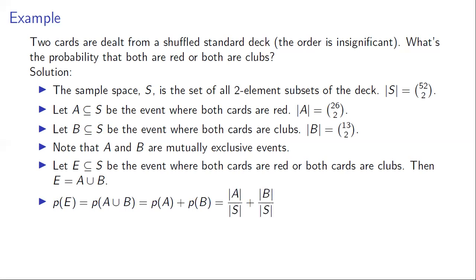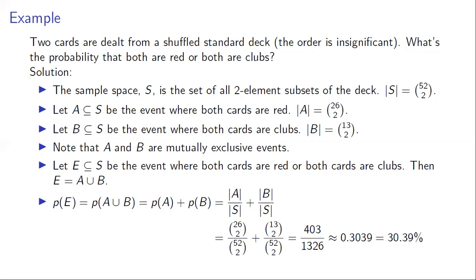The probability of A is the cardinality of A divided by the cardinality of S, and the probability of B is similar, the cardinality of B divided by the cardinality of S. And we have all these things figured out already. So it's this, and when we simplify it, we get this, which is approximately 30%. Okay, so if we take two cards from a deck, the probability that both are red or both are clubs is a little over 30%.